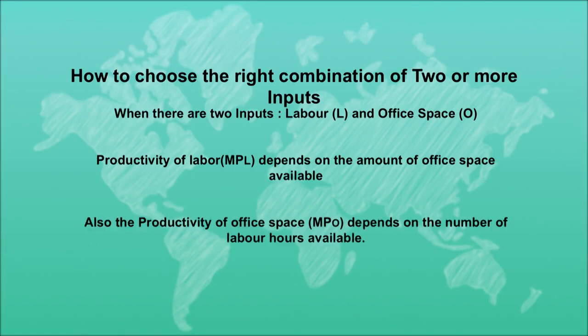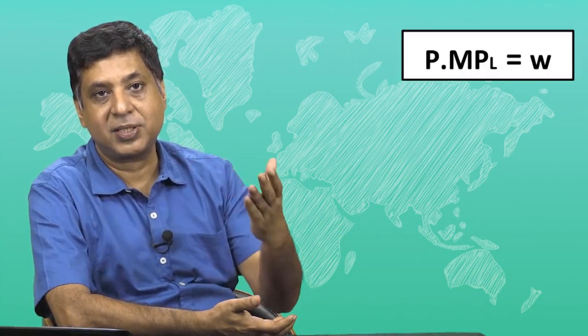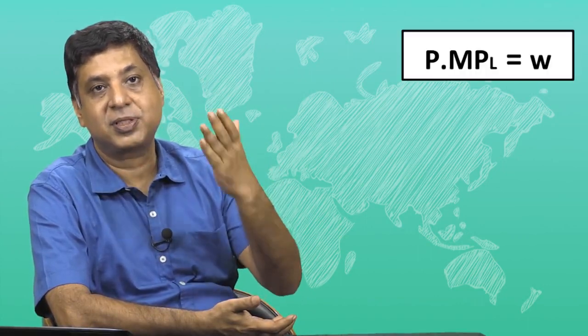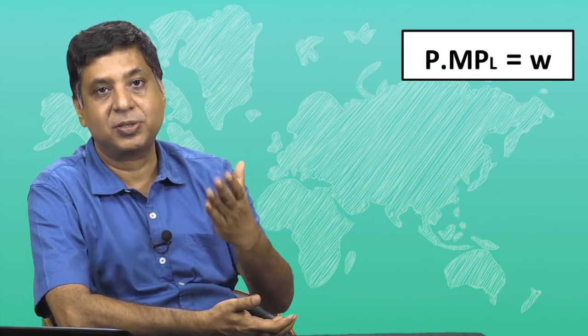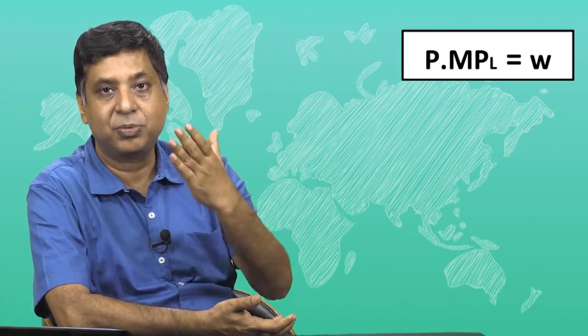It would also be the other way around. The productivity of office space would also depend upon the number of workers around. But in either case, this particular relationship, that the price times the marginal product of labor should be equal to the wage rate, would still hold.